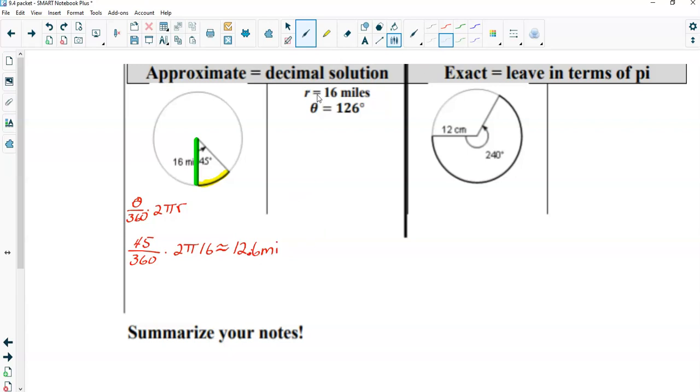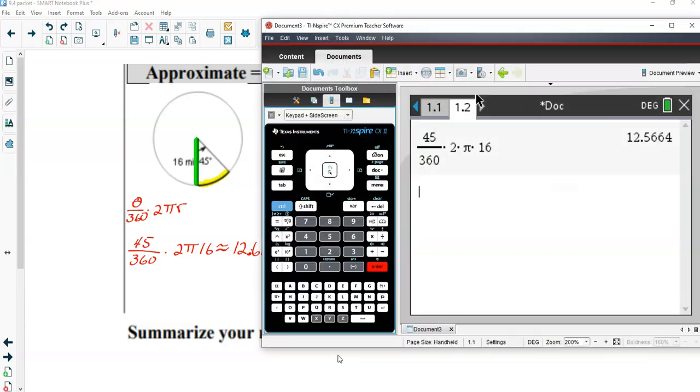Here the radius is 16 miles. What is the arc length if theta is 126 degrees? Well, basically again it's the same thing. Theta is 126, so 126 over 360 times 2 pi 16, right? In this case, instead of 45 degrees, we have 126 degrees. So again, you put it on the calculator.